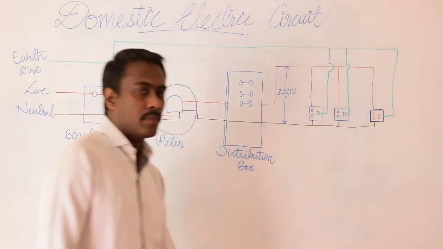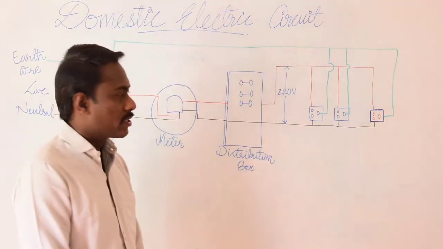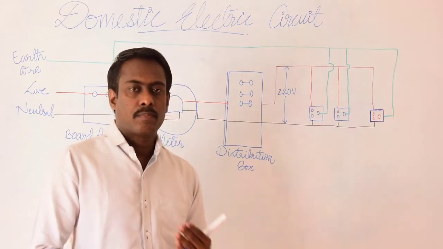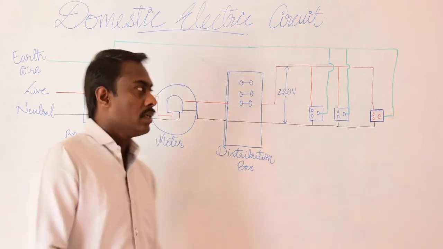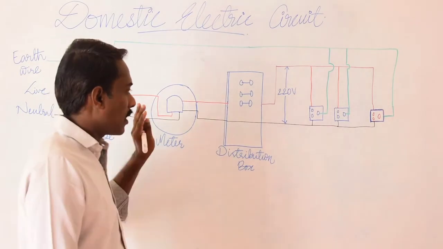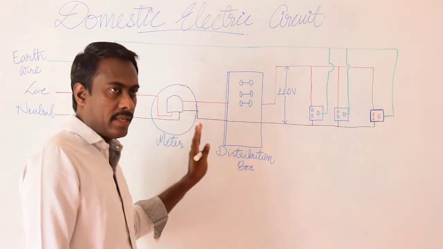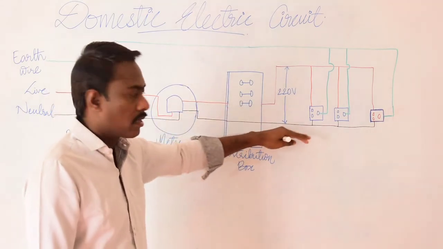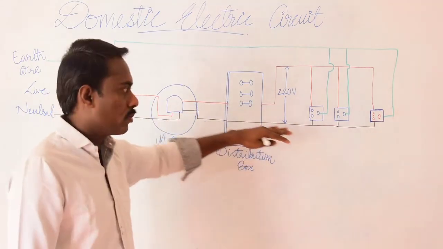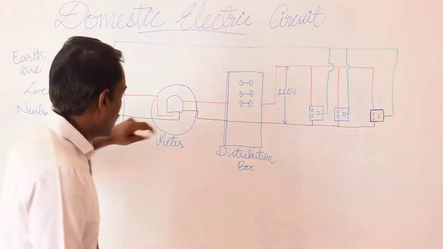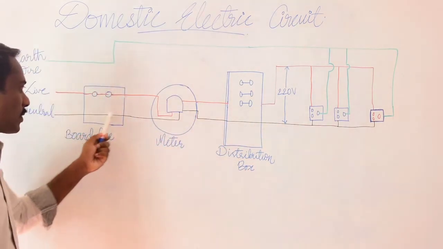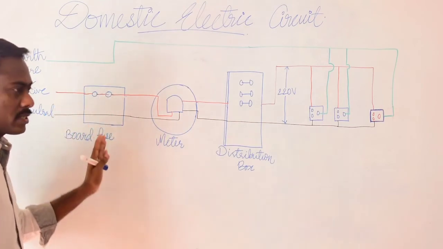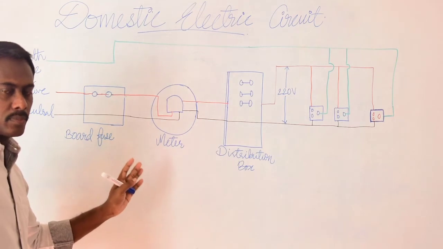The electrical fuse is important, as I said, it is a safety measure. How does an electric fuse provide safety? If there is any leakage of current, or any high voltage accidentally comes into your circuit, then what happens? The electric fuse we connected first, a piece of wire, will melt since it has a low melting point.